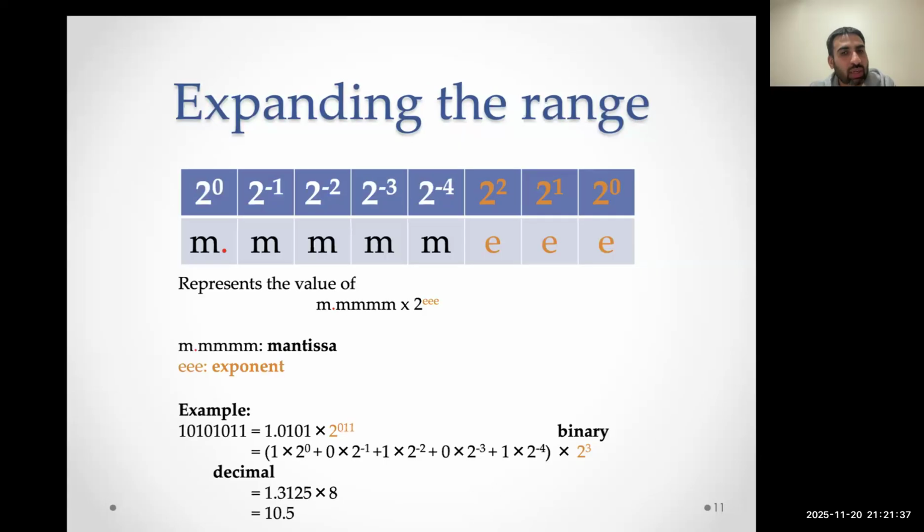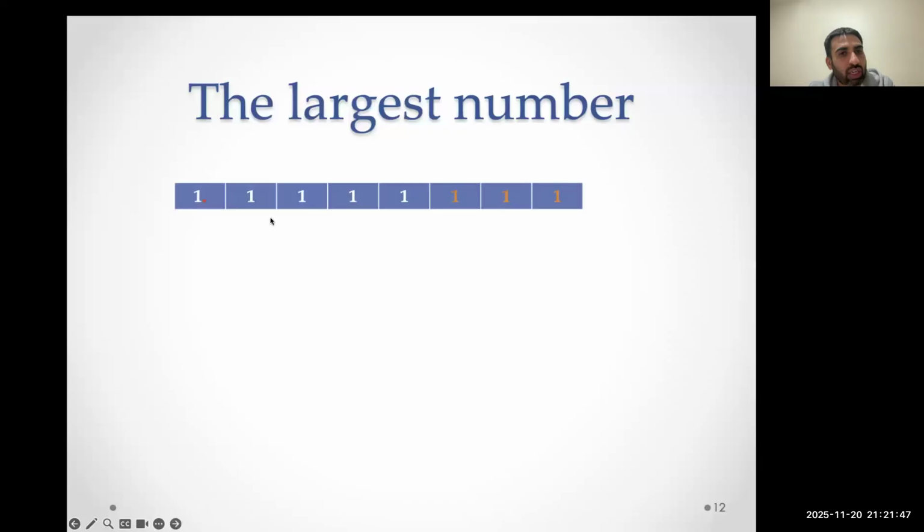Now, if we use the same template, the same 8-bit format, what is the maximum value which we can represent? The maximum value is when all of these bits are set equal to 1, which is shown here, all ones. Now if you convert it into the equivalent decimal form, you can do the math.